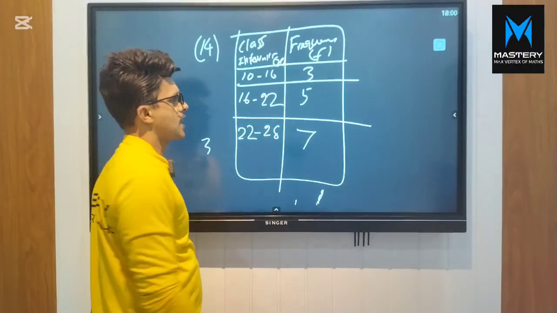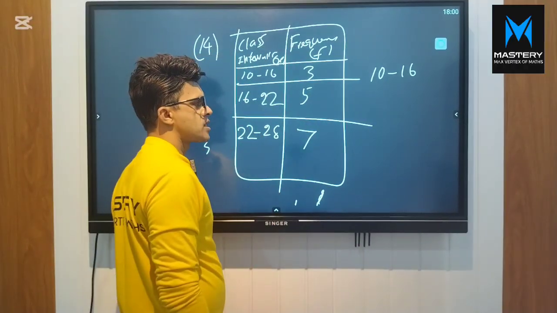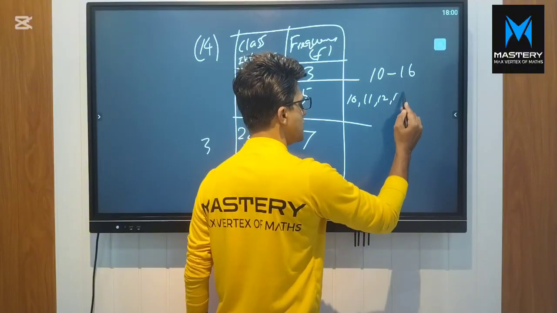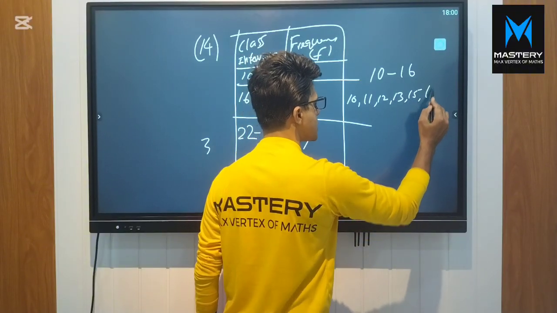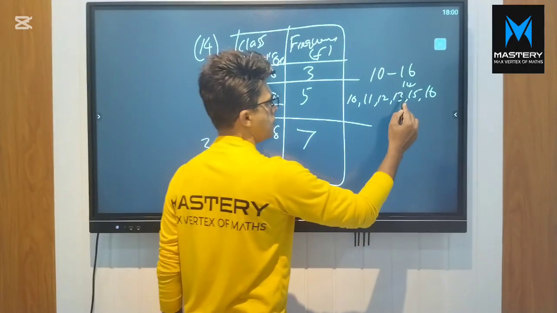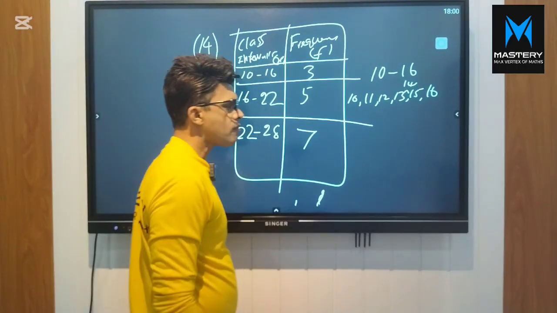Then how can you get the class size here? 10 to 16 means really you could write these values: 10, 11, 12, 13, 14, 15, 16. How many values here? 1, 2, 3, 4, 5, 6, 7.